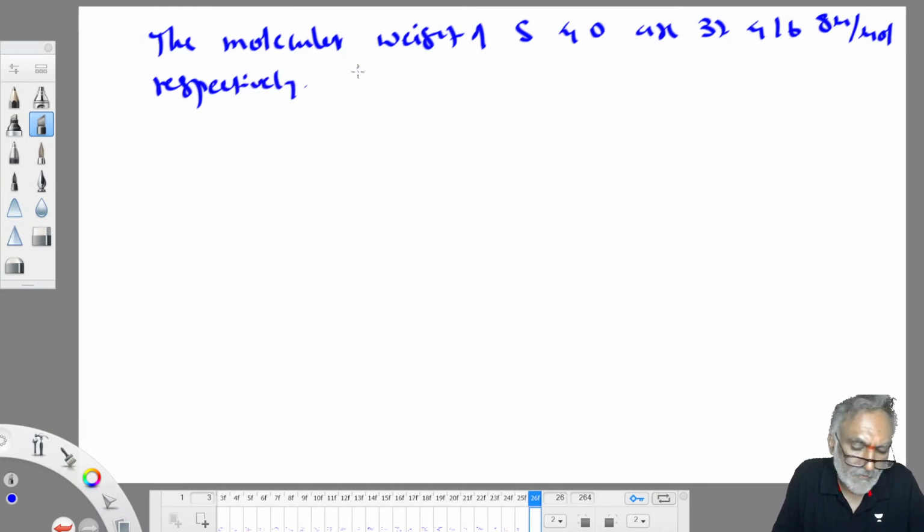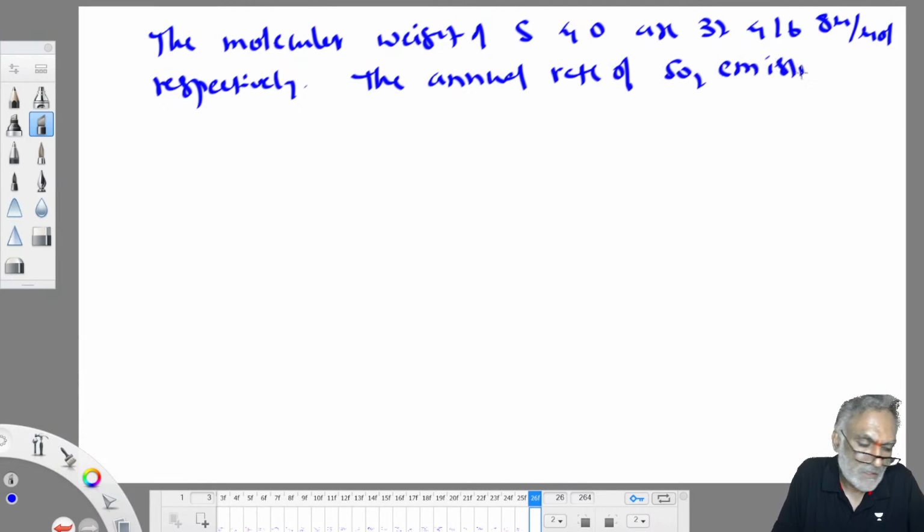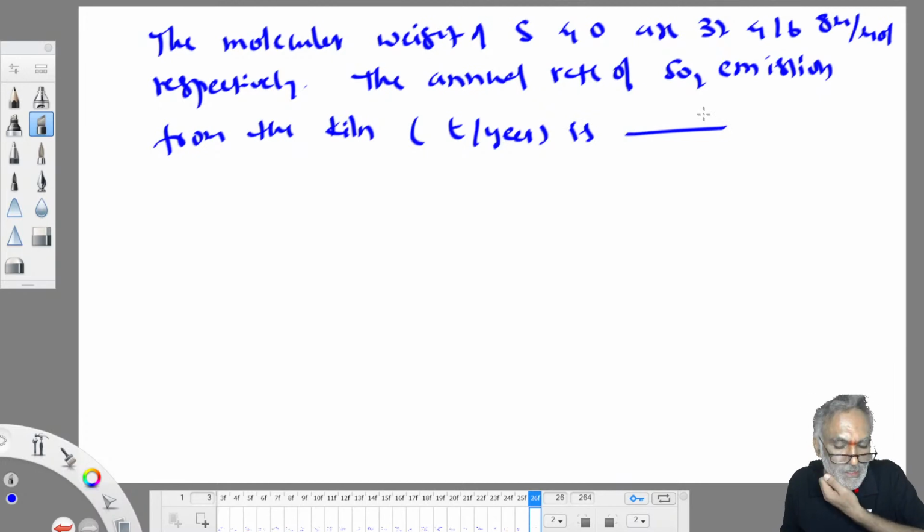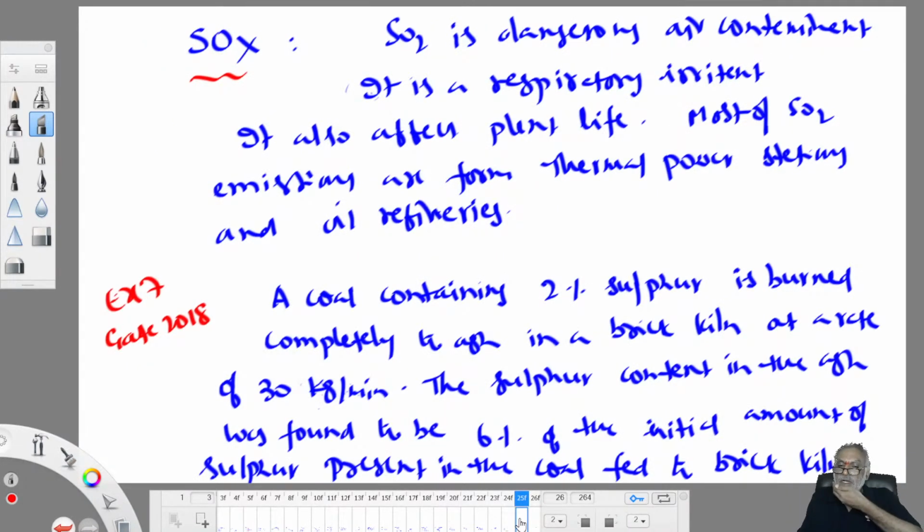The annual rate of sulfur dioxide emission from the kiln in tons per year is dash. 2 marks question this is. Can work out. Read and work out.